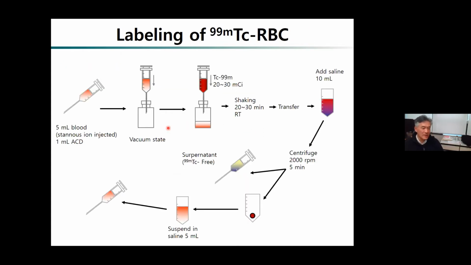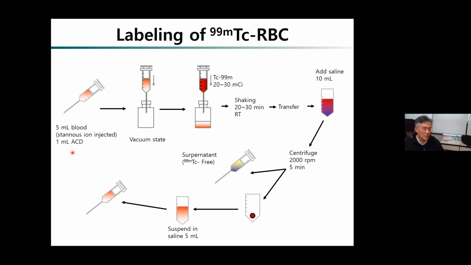Here you can see how we can label RBC with the technetium compound. Especially we use technetium HMPAO for RBC labeling.